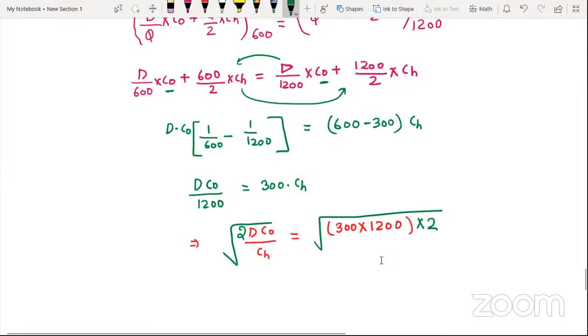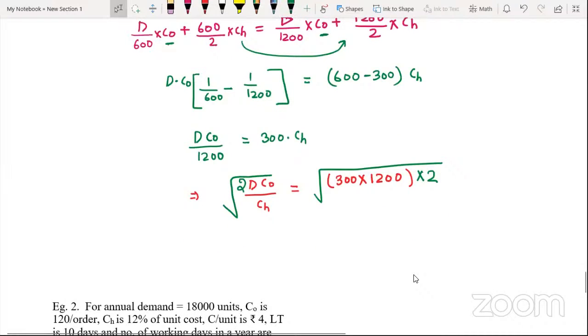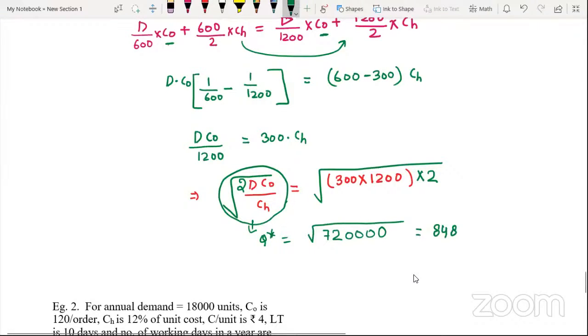This becomes the Q star, and here it is going to become 7 2 and 4 zeros. After solving it, you will get 848.52 units. So EOQ is going to be this one.